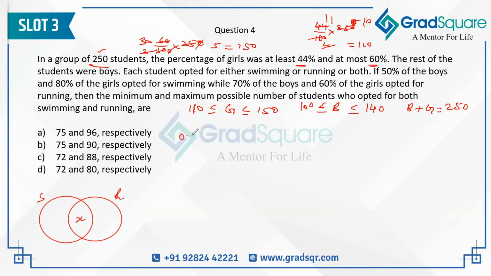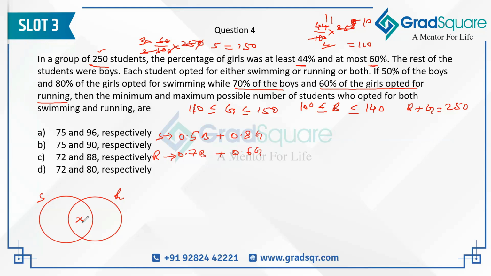So 50 percent of boys is 0.5b plus 80 percent of the girls, which is 0.8g, opted for swimming. That's the data that you have for swimming, while 70 percent of the boys and 60 percent of the girls opted for running. So running, the complete circle, is 0.7b plus 0.6g.